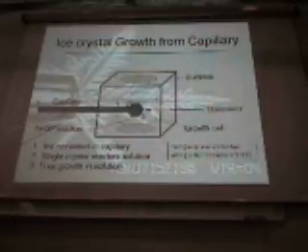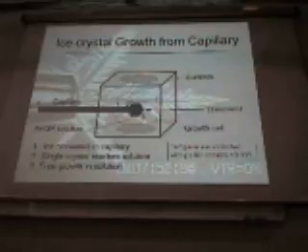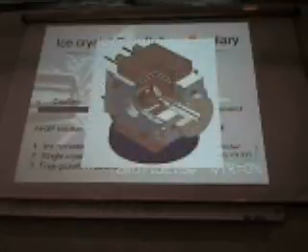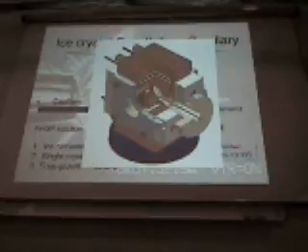How long is that? About 20 or 30 degrees. And the capillary size? The outside diameter is about 0.7 millimeter, and the inside is 0.3 millimeter or something. Okay, so you're talking about like 100.